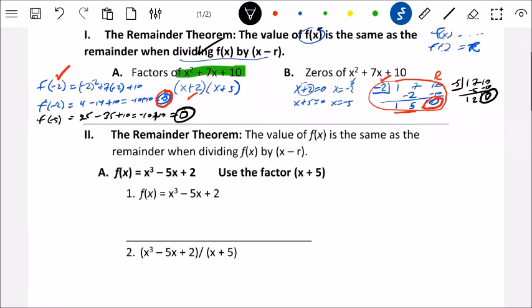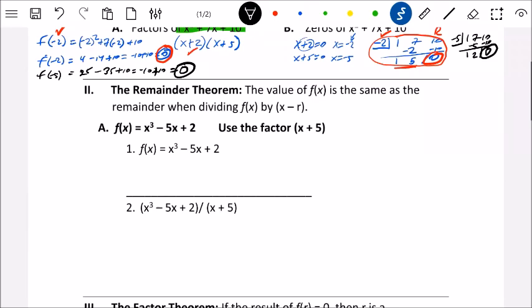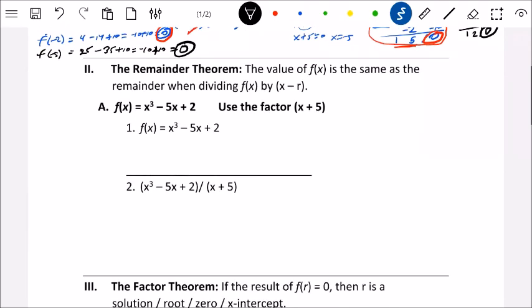All right, so let's do this here, first doing the f of x. We have to say x equals negative 5, and this time it's with a cube. So it's not the one that's above, this time it's a different one.